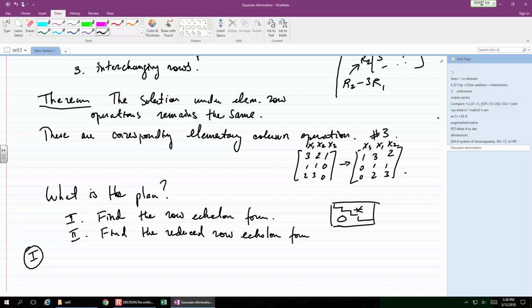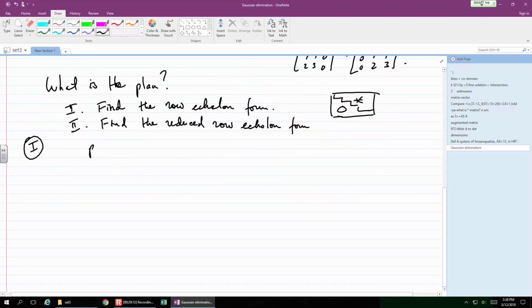So the plan is, well, here's the plan. So the plan is this. I will ignore the last column in my augmented matrix, and so if ideally this is what I end up with, I have to clear the staircase, it has to be made of zeros.